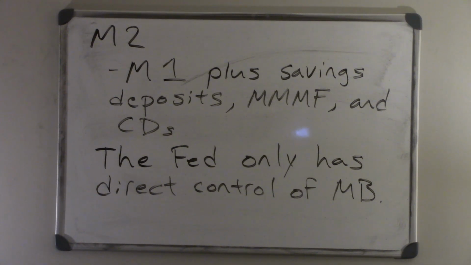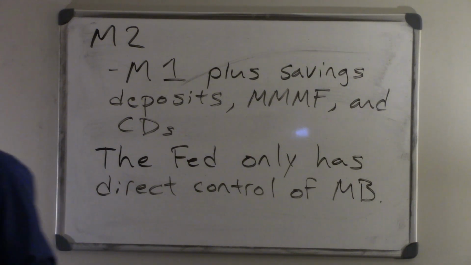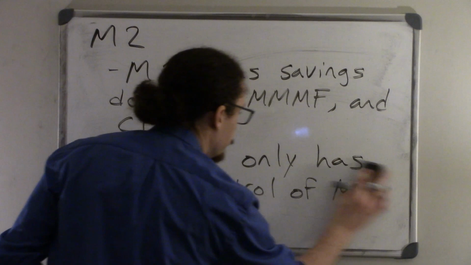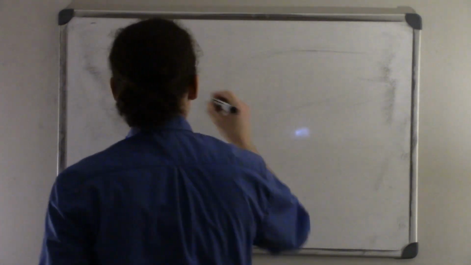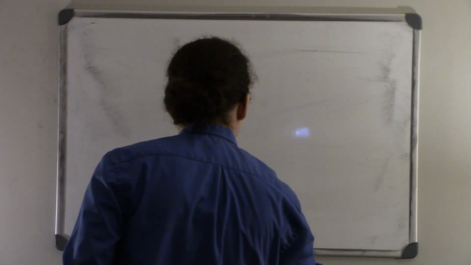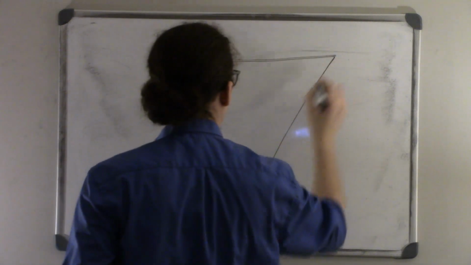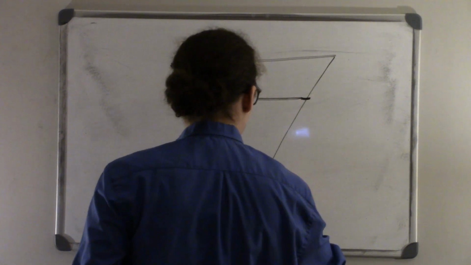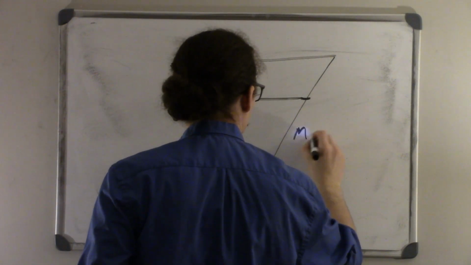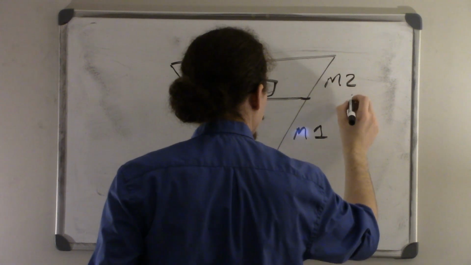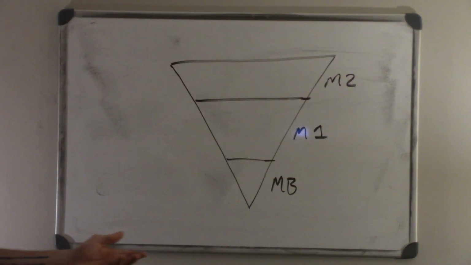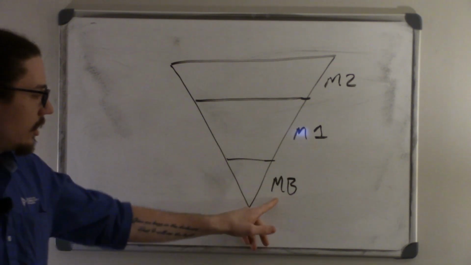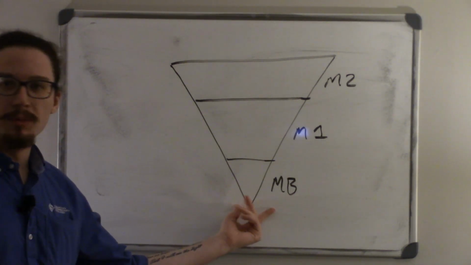I believe in your book there is a visual of this, and they've got essentially an upside down triangle, broken down. I'll just draw it. So it's something along these lines, right? It's an upside down triangle.